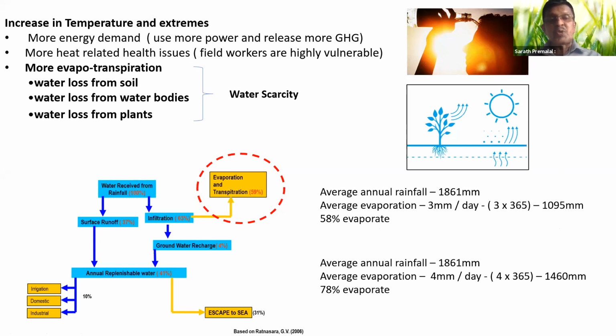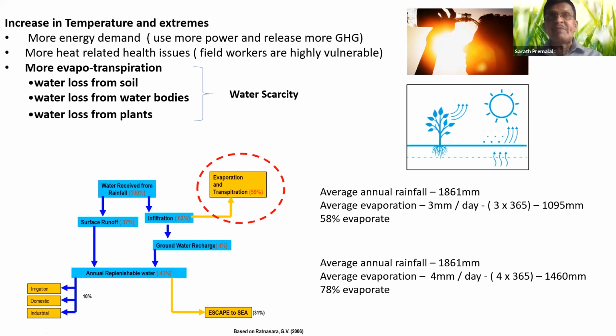It is very clear that with high temperature, more evaporation can take place. When we take average evaporation as 4 millimeter per day, it will be 1460 millimeter, which is 78% evaporation of the received rainfall.